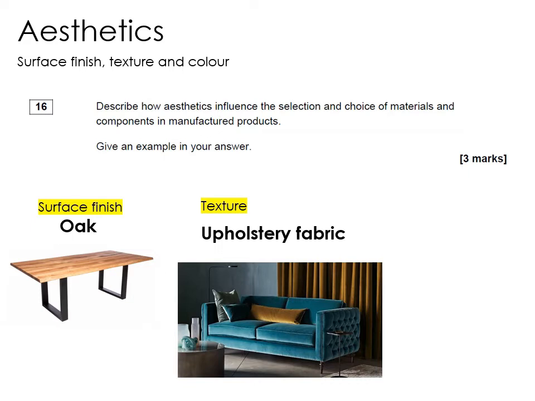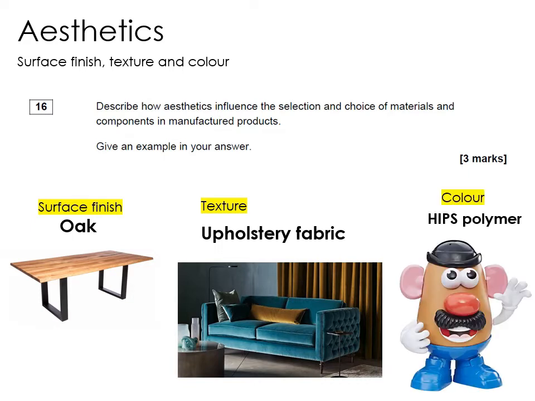And the last one that you could talk about would be colour. So for example, if you were making a children's toy, you might want it to be really, really brightly coloured. That's going to appeal to the target market of children, and you can achieve that through polymers because they can be easily pigmented and bright colours can be achieved.